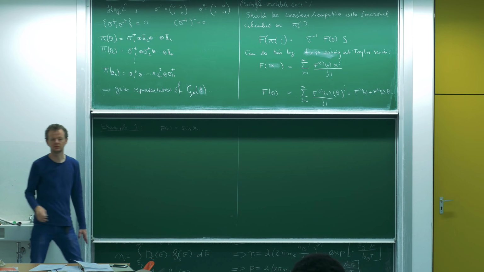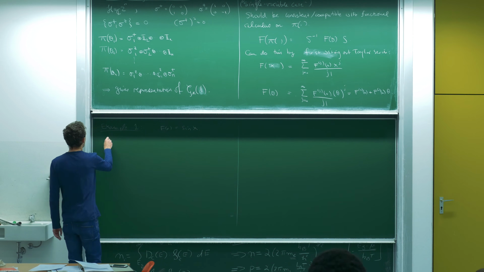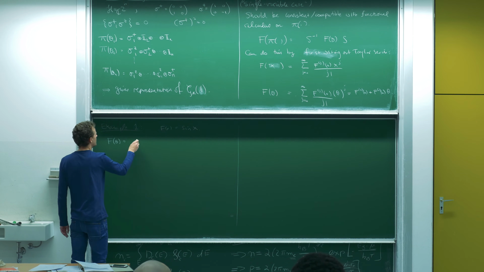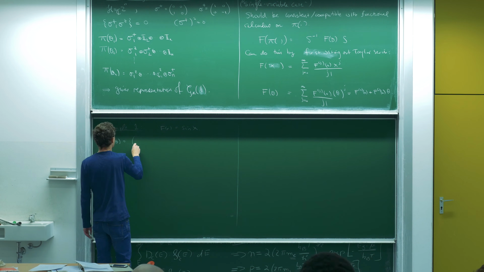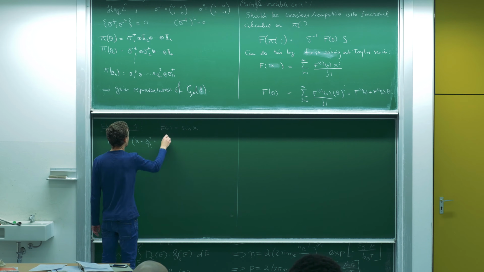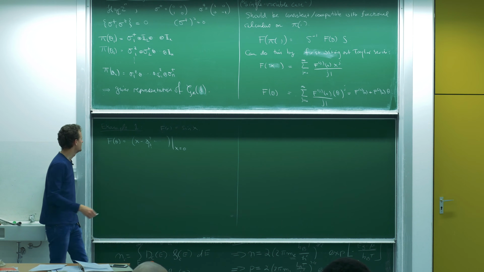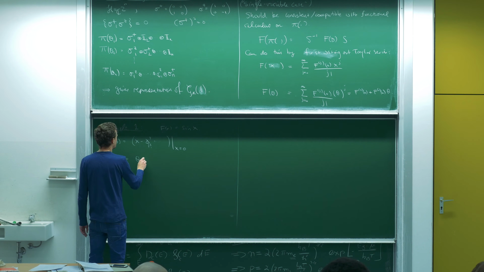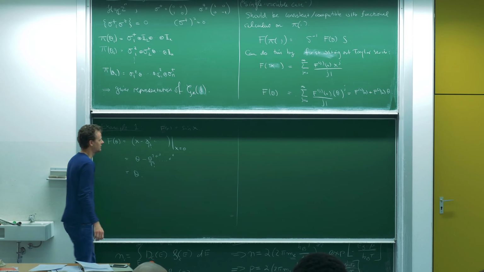Let's do a kind of interesting example. Let's take the function sine of x. So what is f of theta? Well, we use the Taylor series for sine of x, and the Taylor series is x minus x cubed on 3 factorial, and so on. And then we substitute in place of x theta. And what we find is you get theta minus theta cubed, and that's 0. So sine of theta is just theta.